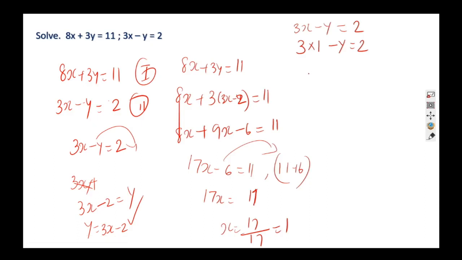That means this equation, minus y is equal to 2 minus 3. That means minus y is equal to minus 1. That means y is equal to 1. X is also equal to 1, y is also equal to 1.